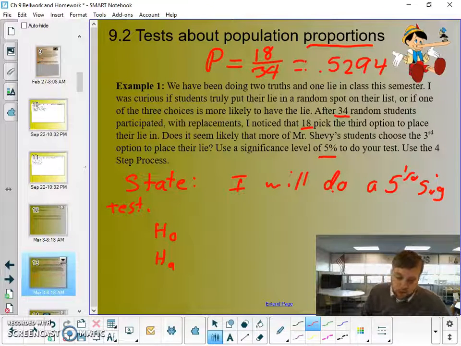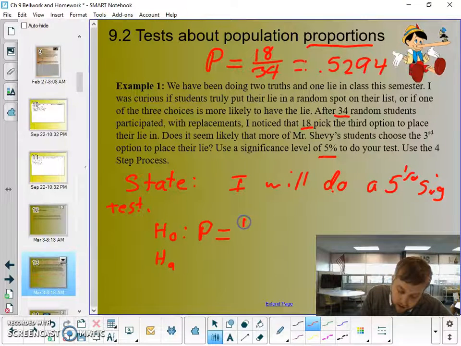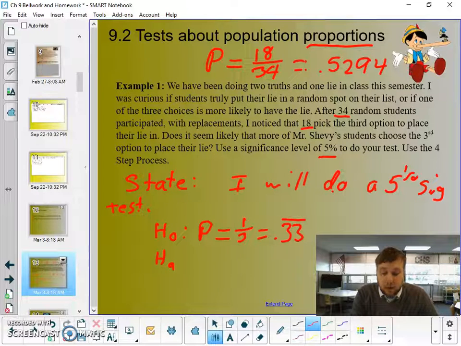All right, so my hypothesis. What is my hypothesis? Well, I have three options, and it should be in one of those. So the third option should have a 1 in 3 chance, which I could say is 1 in 3, but let's be a little more specific and go 0.33 repeating.